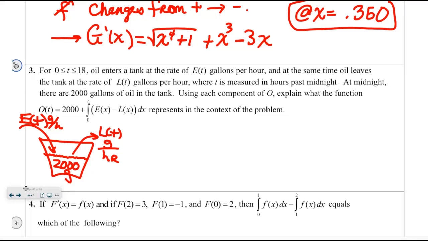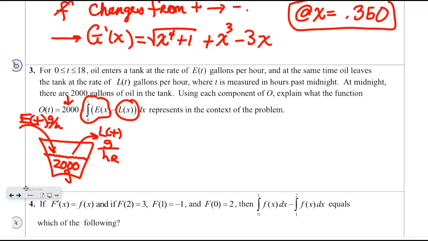All right, so this obviously represents the gallons in the tank, correct? What would this piece represent? If I integrated this function, it would represent the number of gallons that went in, correct? If I integrated this function, it would represent the number of gallons that what? Left.